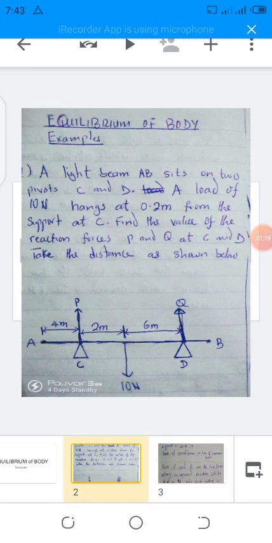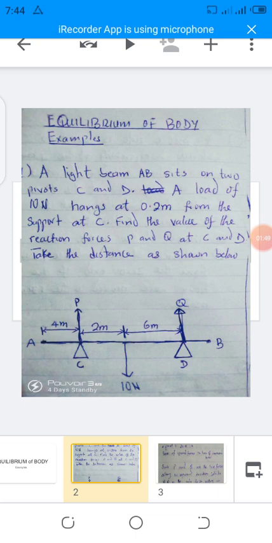Now, if you look at the diagram, we will see that the force 10 Newton is placed at 2 meters distance from support C, and is acting downward. The arrow there indicates the direction of the force 10 Newton. Our light beam is AB.